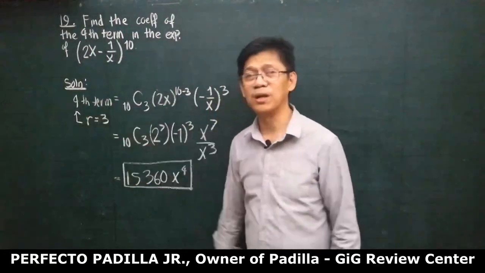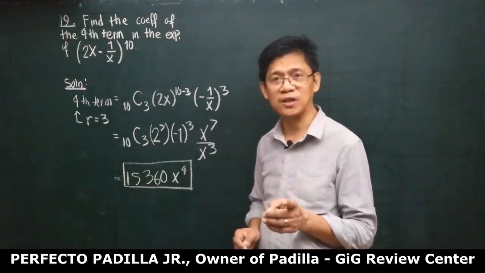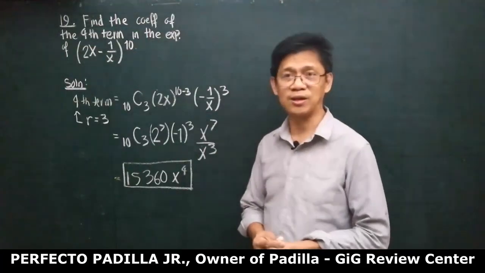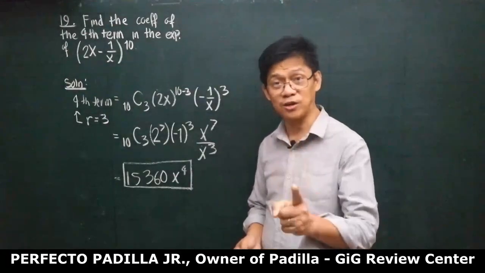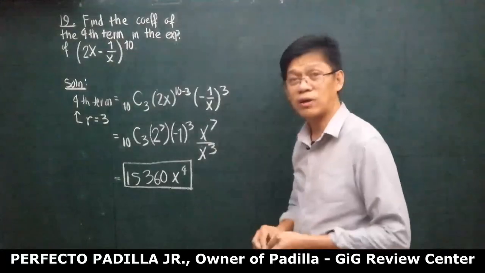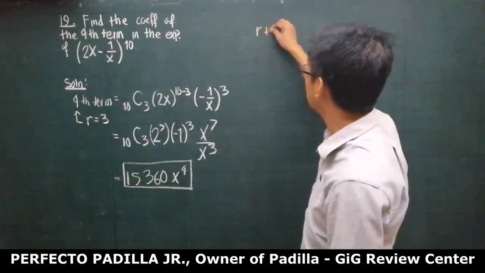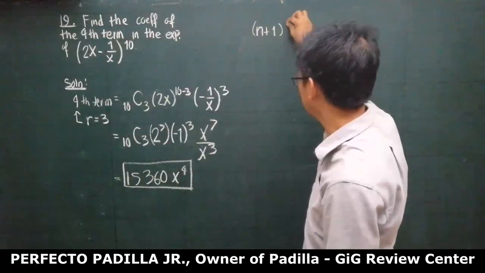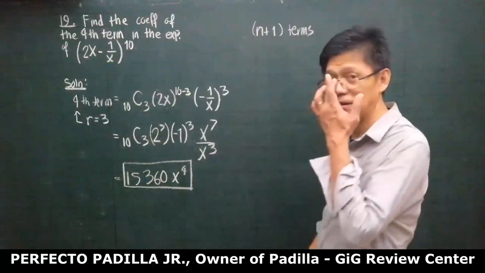The fourth term. Maliwanag? Basta kung ang hinahanap ay 7th term, R is 6. Pag ang hinahanap ay 6th term, R is 5. Pag ang hinahanap first term, R is 0. You follow? Maliwanag? So, ito lang ang tatandaan nyo. The number of terms is R plus 1 or N plus 1. There are N plus 1 terms in the expansion.